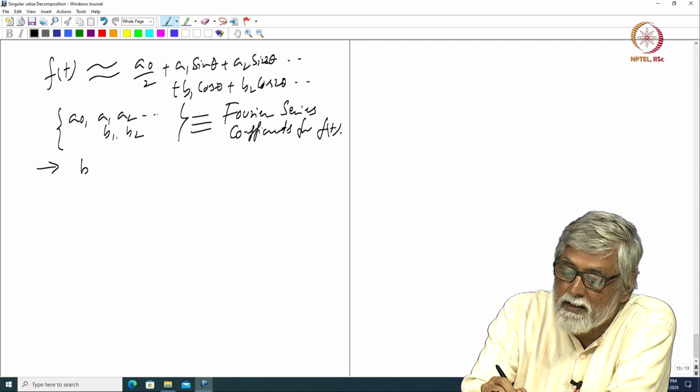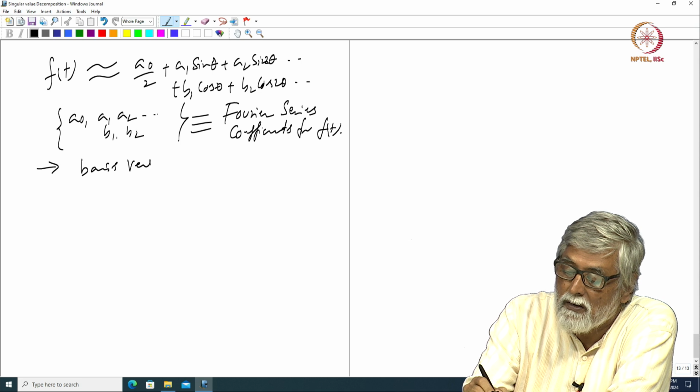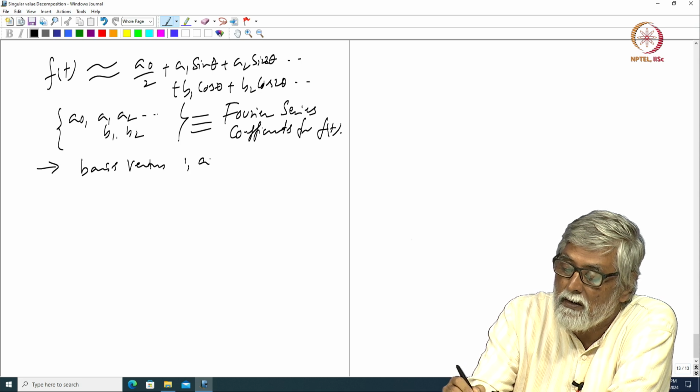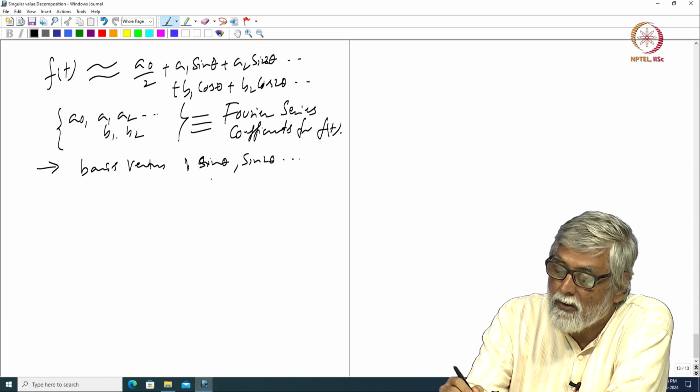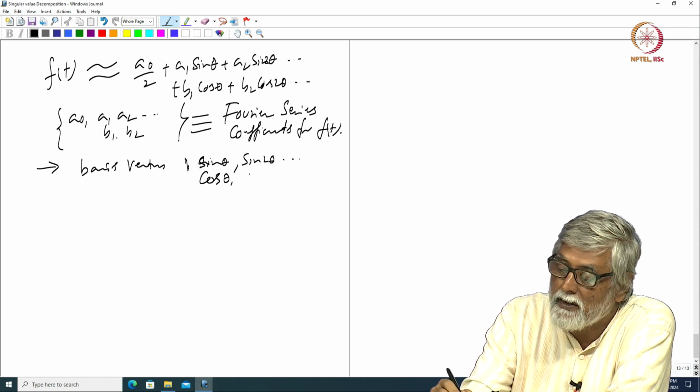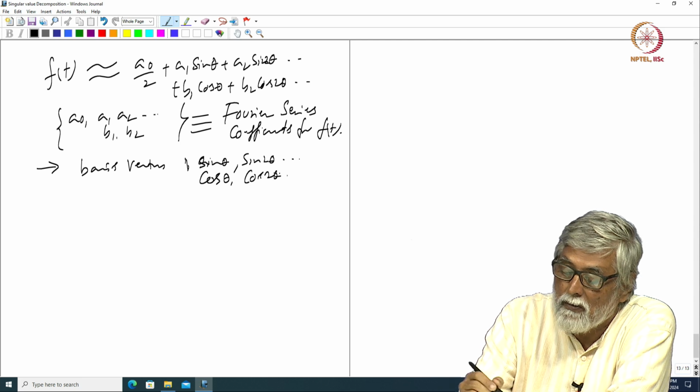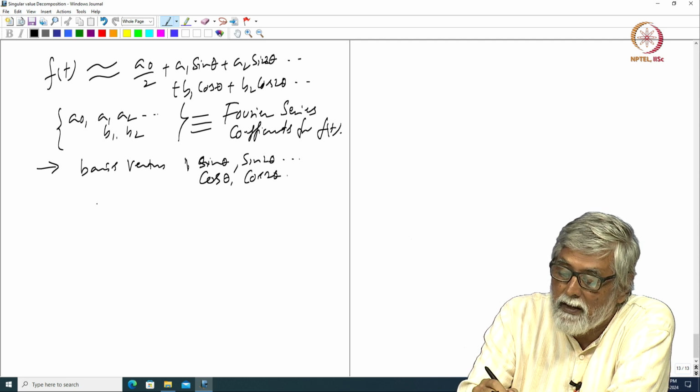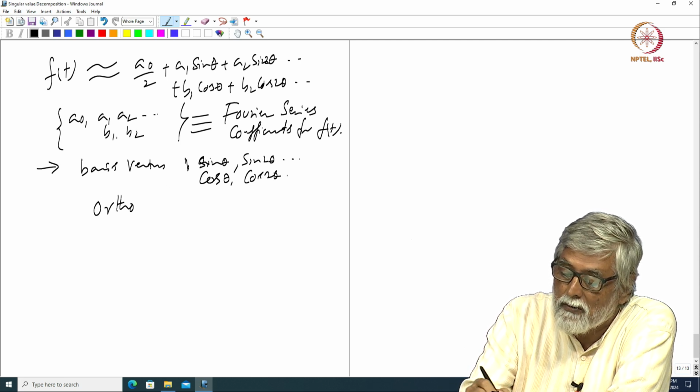What are these basis vectors or basis functions? 1, sin theta, sin 2 theta, etc., including cos theta and cos 2 theta. You know very well that they are orthonormal.